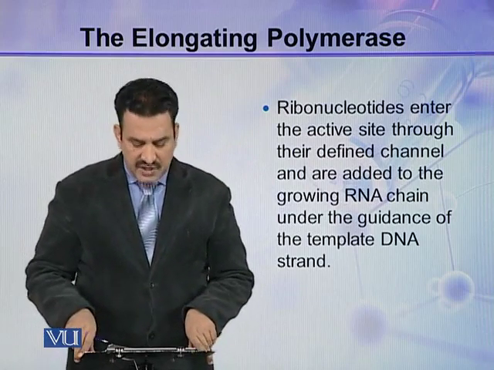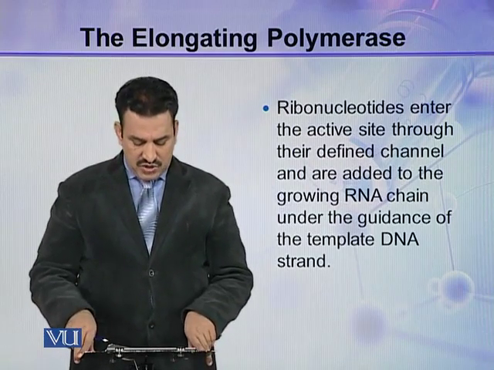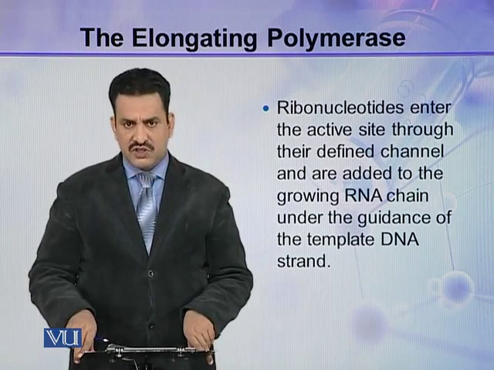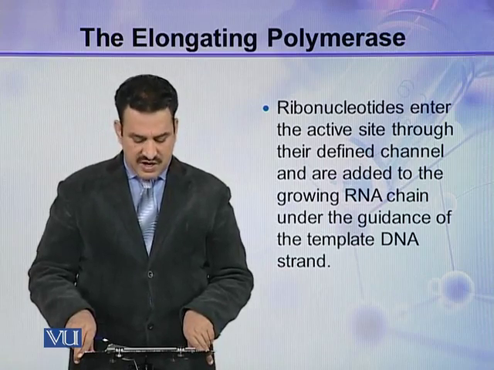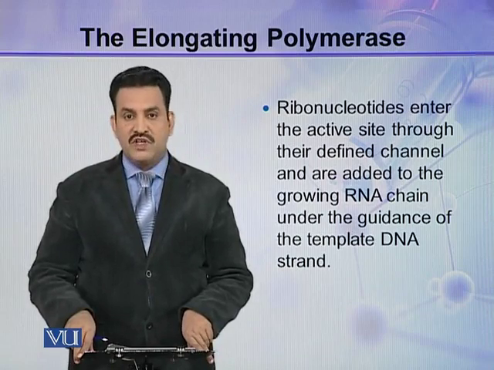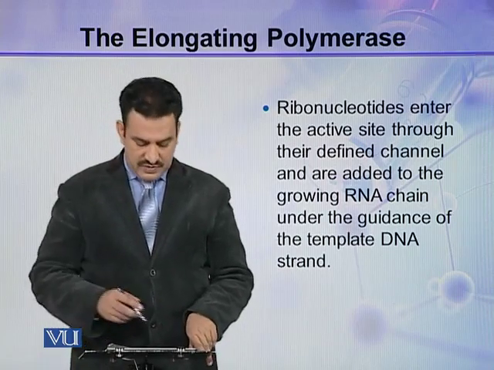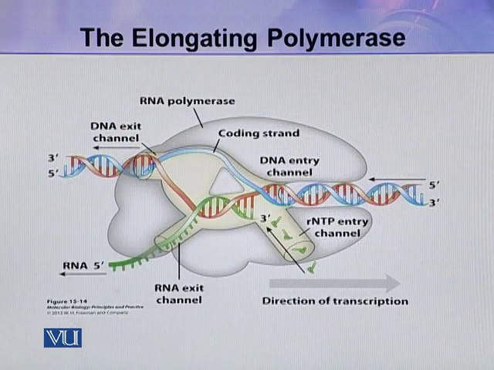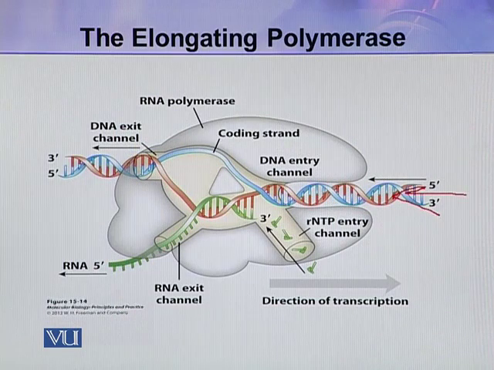Ribonucleotides enter the active site through their defined channel, which is the NTP channel, and are added to the growing RNA chain under the guidance of the template DNA strand. So here you can see different channels and different points of entry. This is the point of entry of double-stranded DNA.